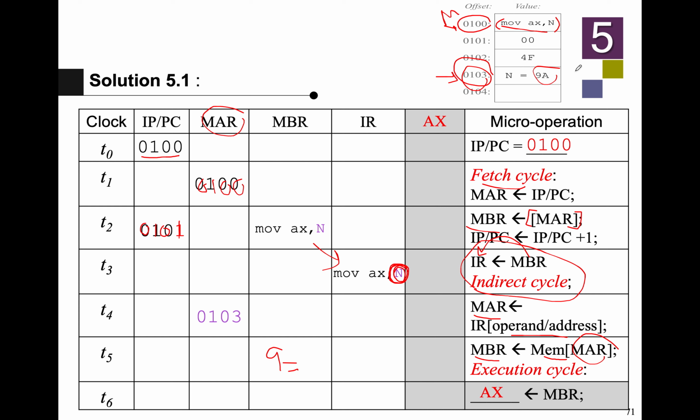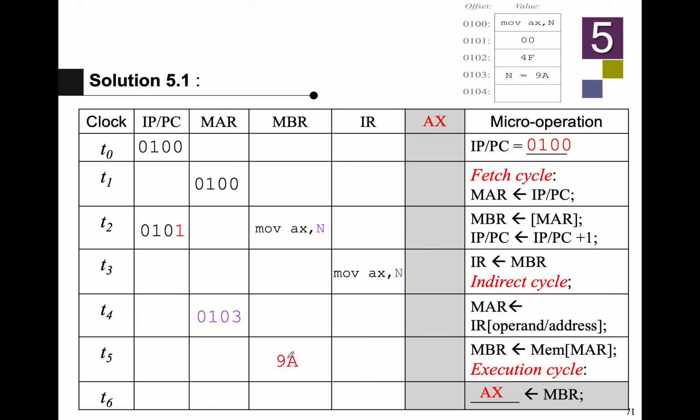This one, right? Where is my A? My A is ugly, so you can see over here. And lastly, you're going to put the value of your MAR into your AX register. So lastly, you will get A. Okay.